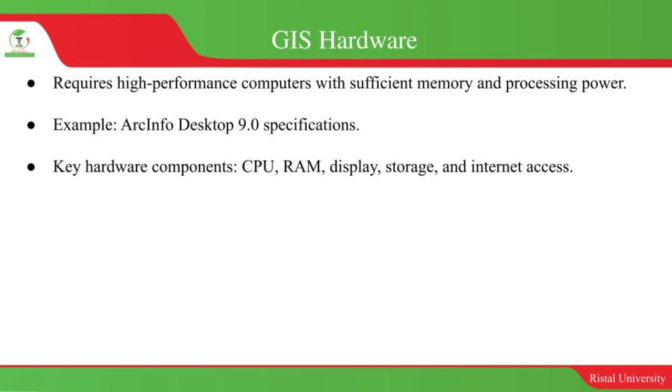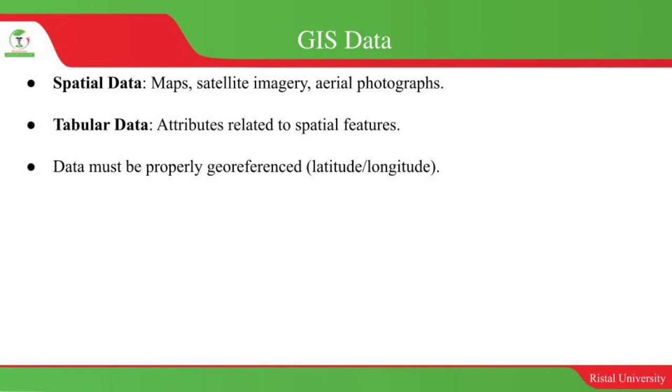We need a CPU, a RAM, a display, storage, and internet access. Of course, these are key hardware. Internet access might be there for those that are using the commercial softwares, but for the open source, you may not need internet during operation.